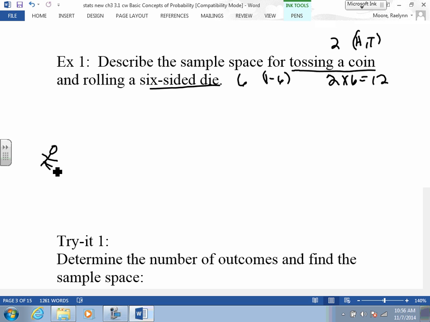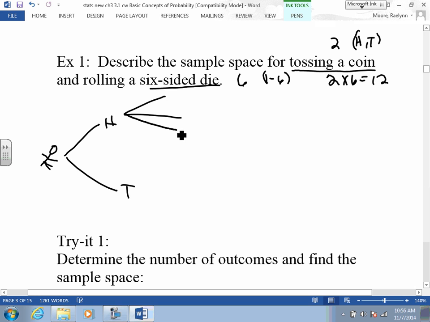So what can I get on my coin toss? Heads or tails? What can I get when I roll my die? 1 through 6. Now, yes, this makes for a little bit of a crowded tree. So leave yourself enough room. So we had 1/2 probability on your toss, and your die gives you a 1/6.